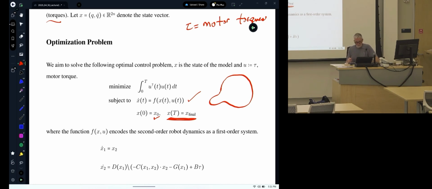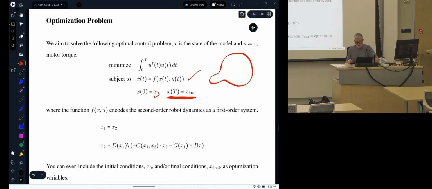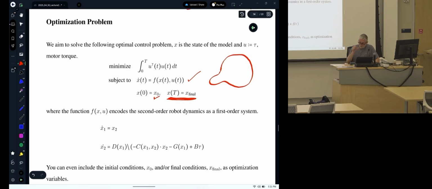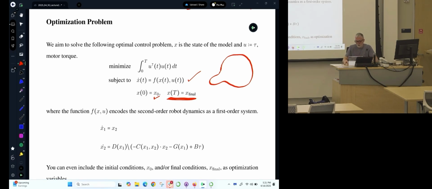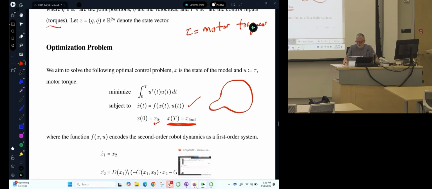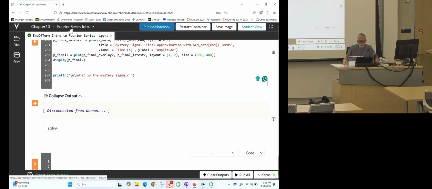So what we often do then is exactly what you were doing in project 2, which is to enter the differential equations as a family of equality constraints.